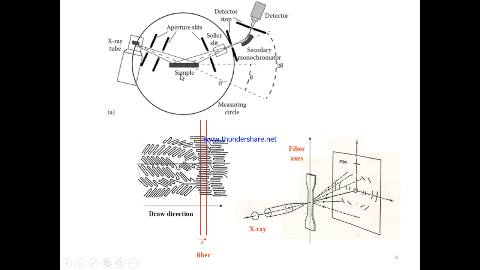The sample holder is a movable attachment, so that there will be scanning of the X-ray beam over the sample with a 2 theta angle. The 2 theta angle is shown here. Then there will be a detector, which will detect the reflected or diffracted X-ray from the sample.